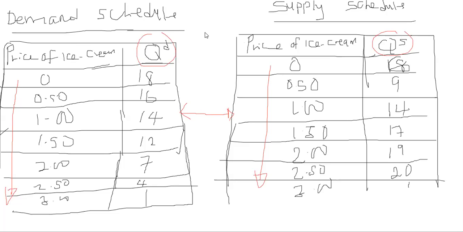If we look at that very well, we will see that at the price of 1, quantity demanded is 14, and quantity supplied is also 14. At $1. So 14 will be our equilibrium quantity, and our equilibrium price will be 1.